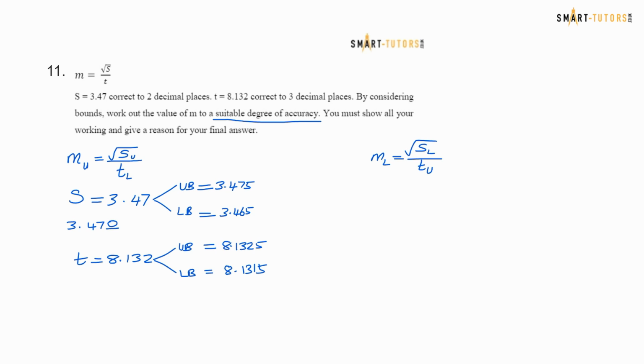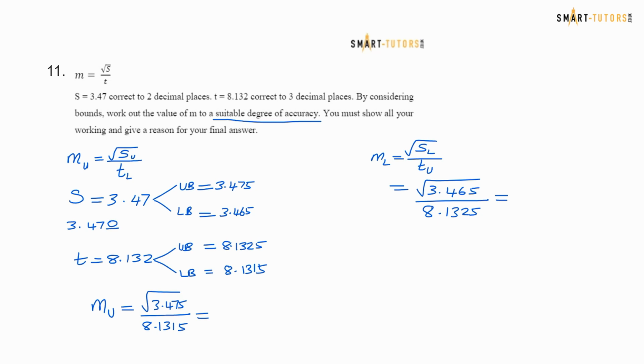So let's find M's upper bound. M's upper bound is square root of S's upper bound, which is 3.475, square root, divided by T's lower bound, 8.1315. I need to get the answer for this one. And M's lower bound is square root of S lower bound, which is 3.465, divided by T's upper bound, which is 8.1325.